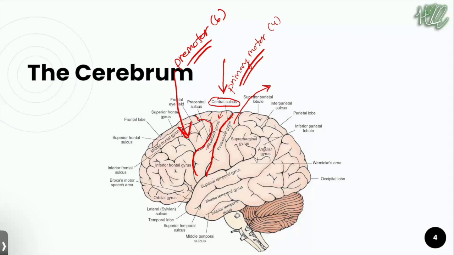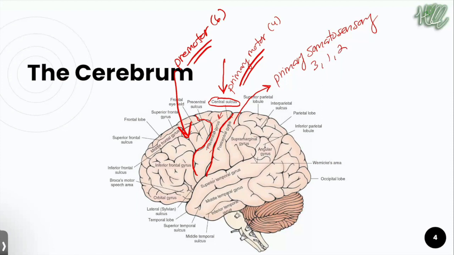Right after the central sulcus, we have our primary somatosensory cortex, which is what makes up most of our postcentral gyrus. So this is primary somatosensory, aka areas 3, 1, and 2.